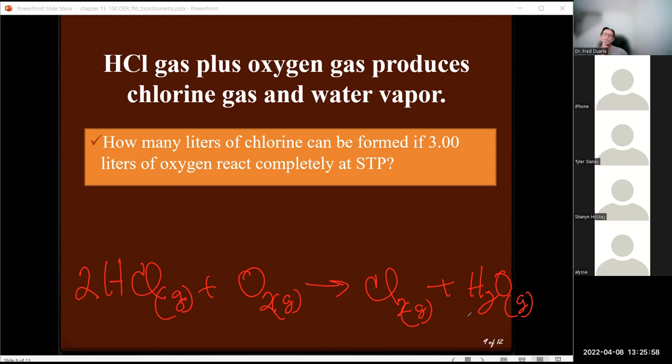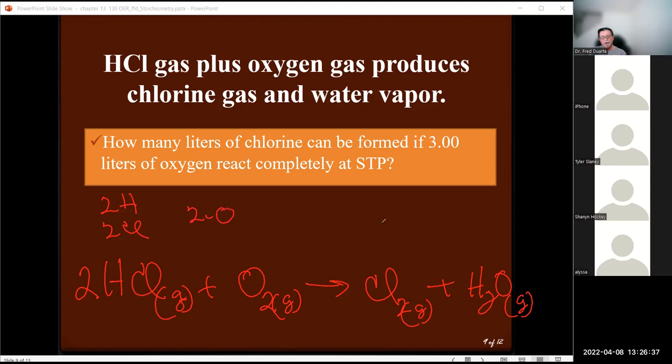I'm kind of stuck here, right? See the dilemma? I've got 2 hydrogens on the left, 2 chlorides, 2 oxygens.